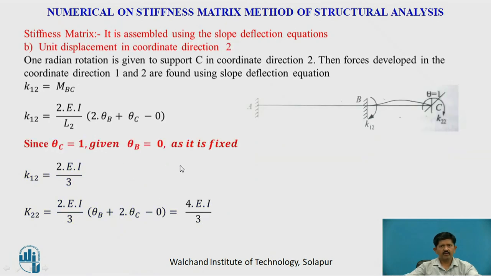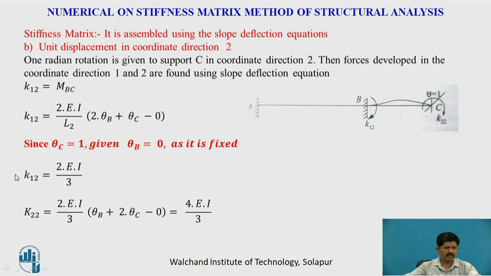Now we will give a unit displacement to this second direction, and we will find the forces developed in coordinate direction 1 and 2. So again K12 is equal to MBC, so this moment MBC is equal to 2EI upon L2 into twice theta B plus theta C. Again here theta C unit rotation is given, that is equal to 1, and theta B is fixed, that is 0.